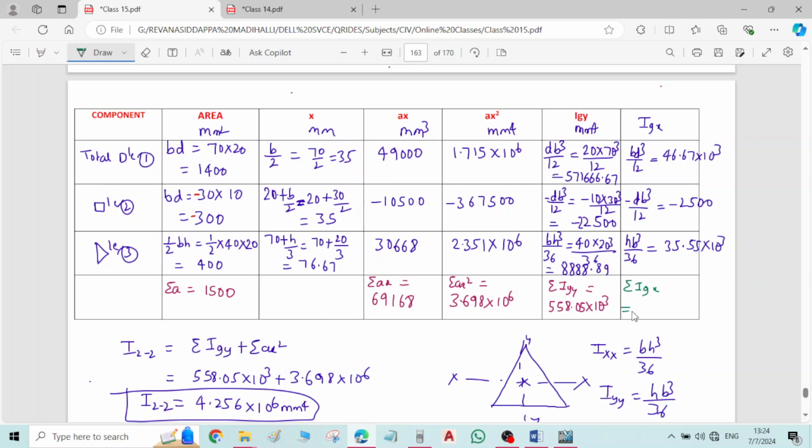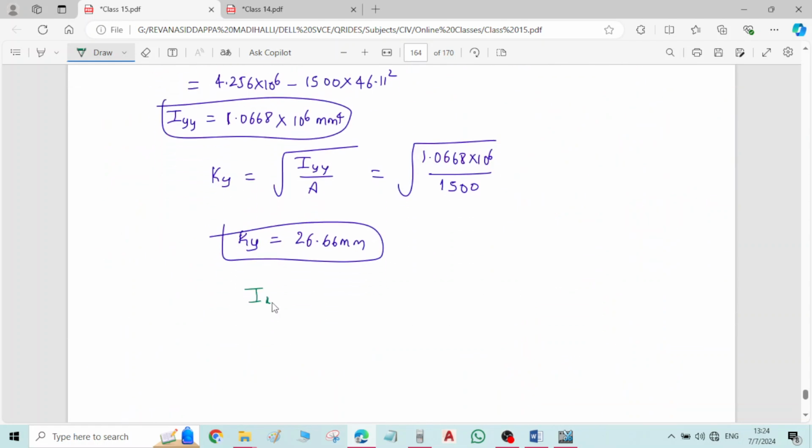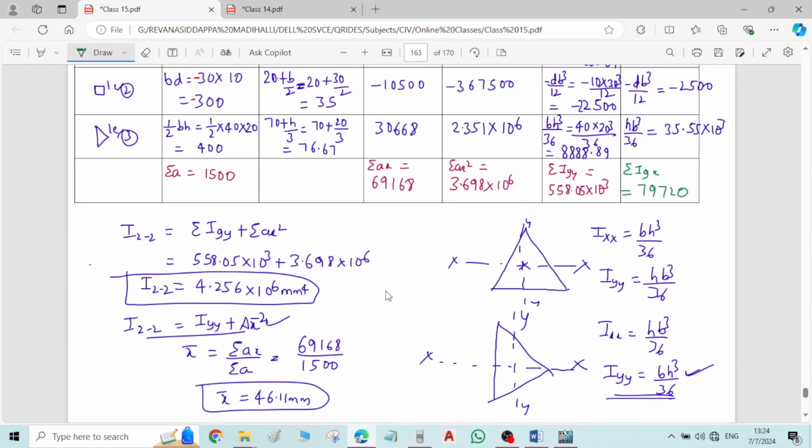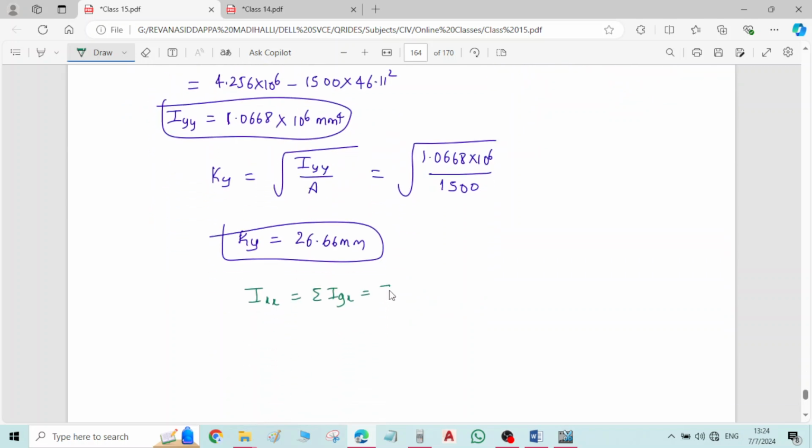Sigma IGX if you calculate is equal to 79,720. Therefore IXX is equal to sigma IGX, which is 79,720 millimeter raised to 4. So this is the value of IXX.